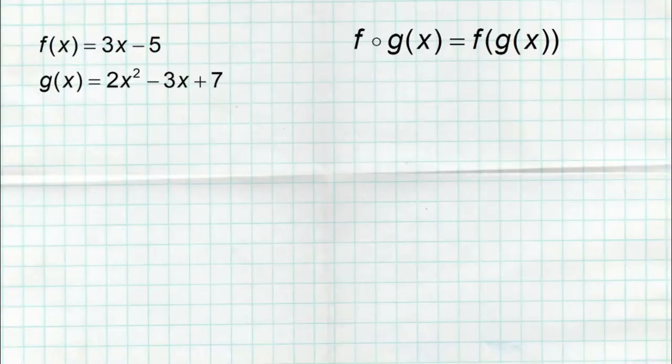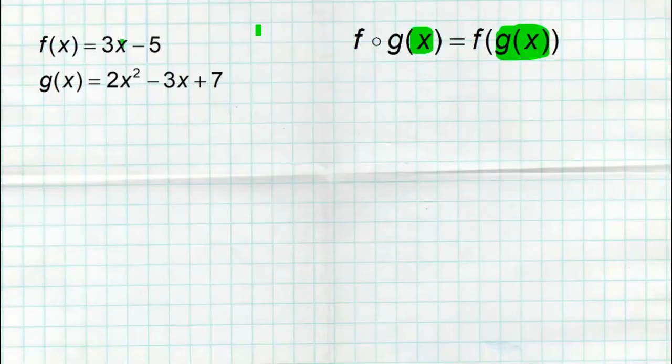So let's go back to these two functions we saw earlier. f is 3x minus 5, and g is defined as 2x squared minus 3x plus 7. No numbers here. No 2, 3, negative 4, none of that. We're just going to leave it as x. We're going to keep it generic here. We're going to figure out what is f composed of g of x. So literally, we're going to take g of x and plug it into every instance in f.